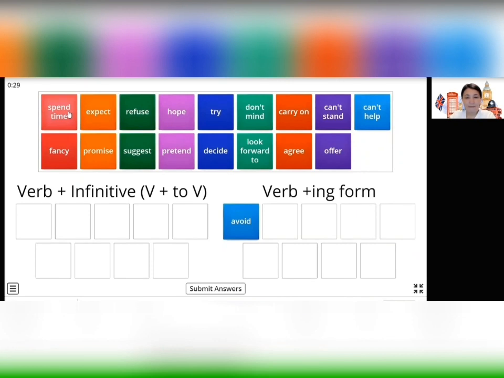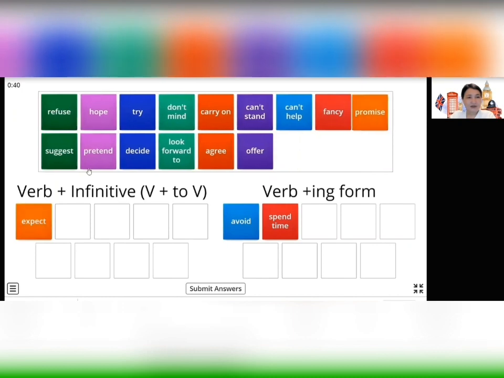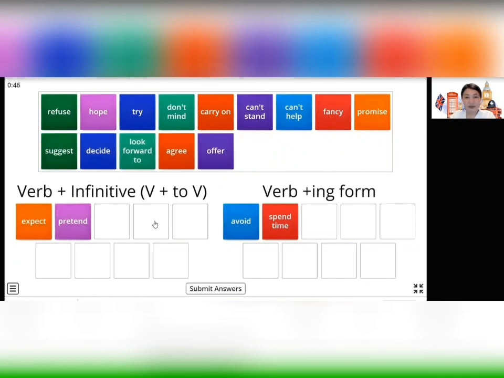Spend time, with -ing form, maybe. Expect. Let's put here verb plus infinitive. Pretend, also verb plus infinitive. Can't stand.